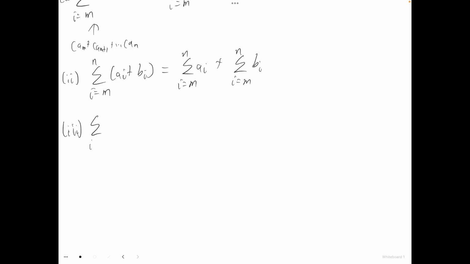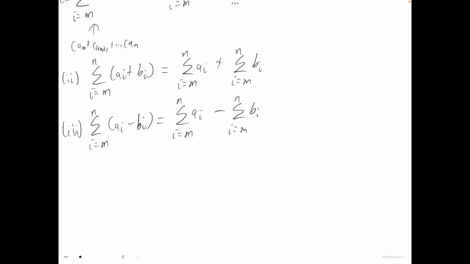Third, we have the sum from i equals m to n of a sub i minus b sub i is equal to the sum from i equals m to n of a sub i minus the sum from i equals m to n of b sub i. So this is similar to the idea that we were just talking about a second ago, with how we can distribute and commute to group all the a's together.